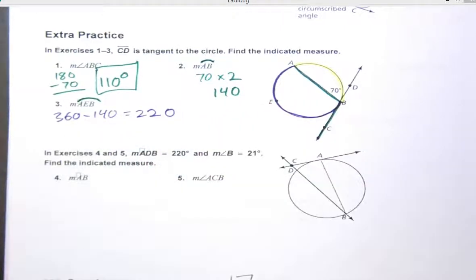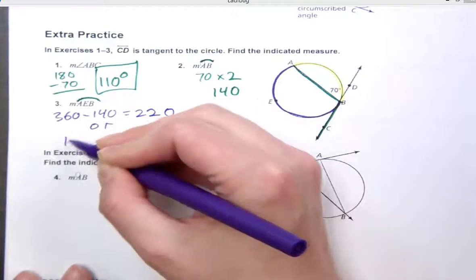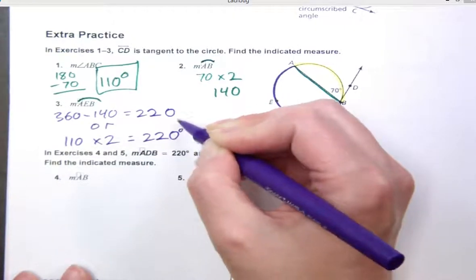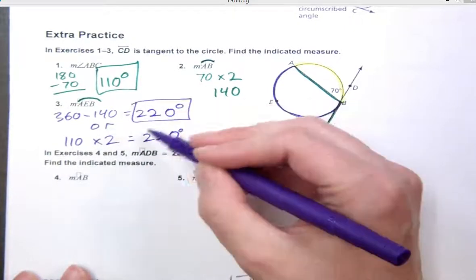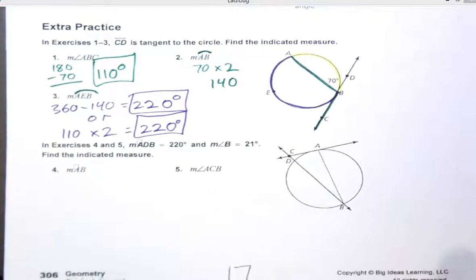Is there a second way? 110 times 2. Since we already know the angle, we could also do the 110 times 2 to get 220. In this case, these are both the same amount of steps. They're both really easy math, and so it just depends what they've given you to see which one's the easiest one to find.